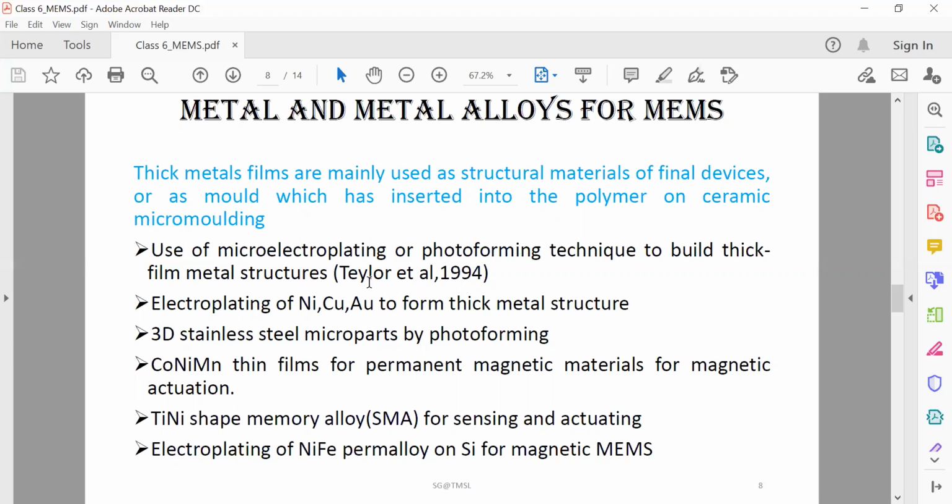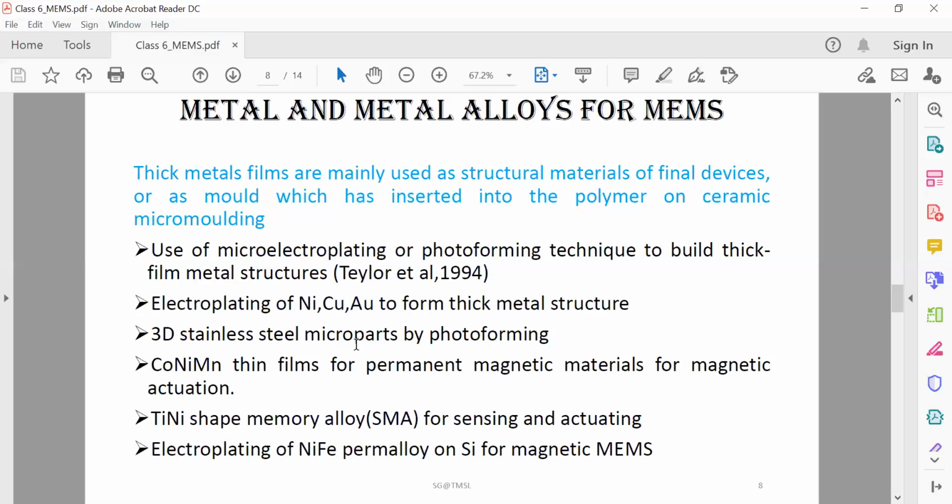Another technique is 3D stainless steel microparts, which are made by photoforming. Stainless steel materials are also used for making three-dimensional structures.